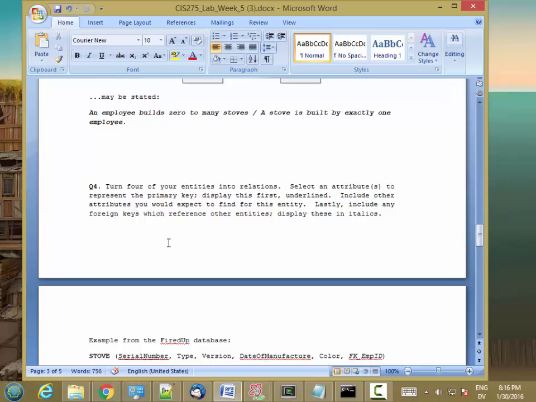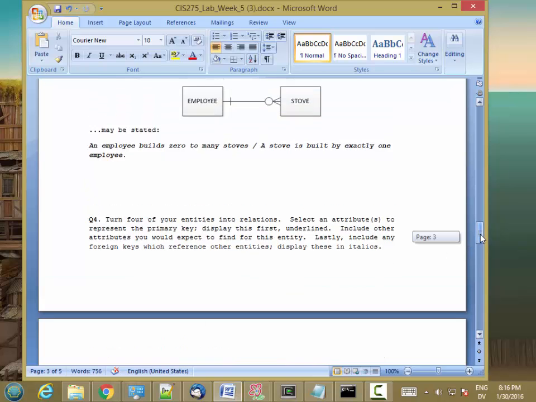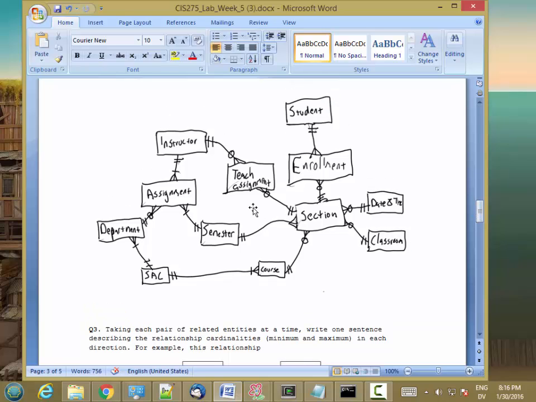So question 4 asks you to turn 4 of your entities into relations following the standard notation. The only tricky part about this is understanding exactly how these relationships get represented in your tables. The way it works is that there's going to be a primary key on the one side of the relationship. So instructor entity, each row will have a primary key value.